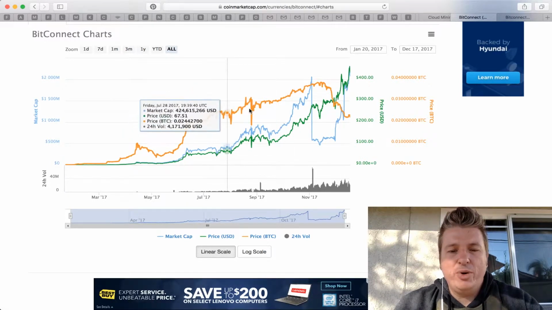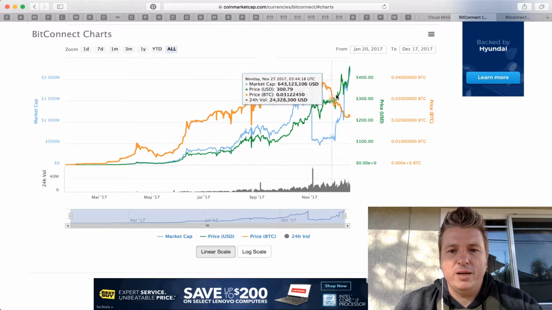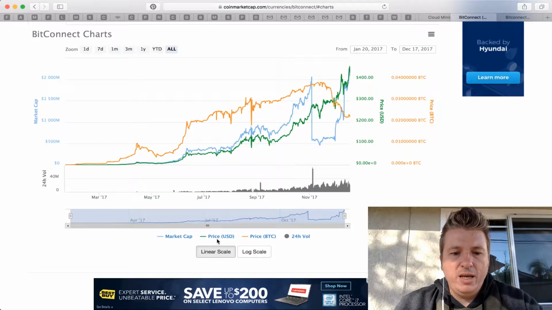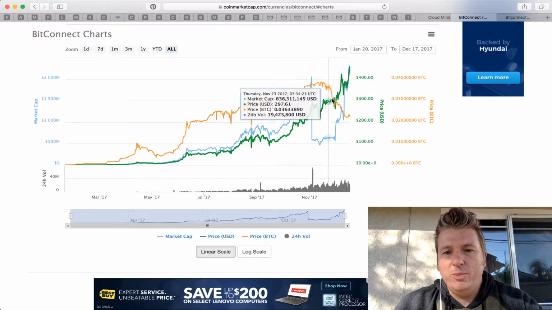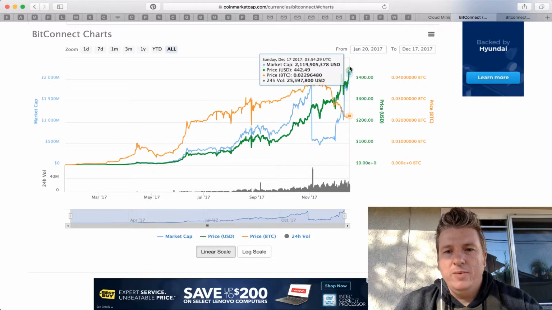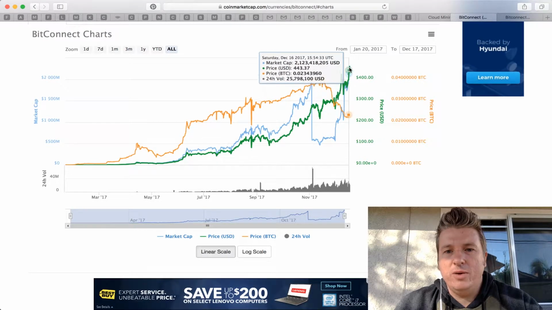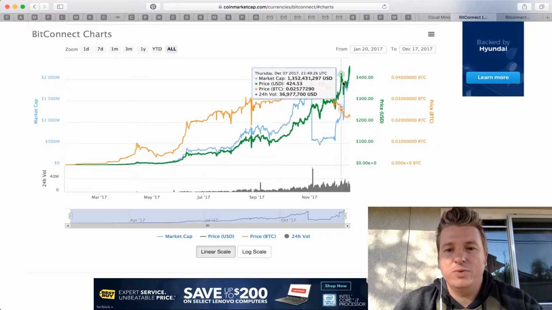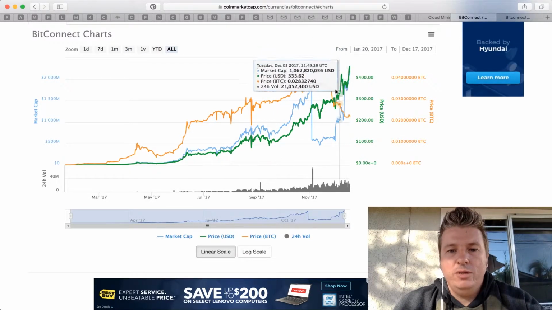The value per Bitcoin is what's increasing or decreasing here. So you can see the price right here is in green. It constantly is going up, up, up, up, up, up, and suddenly there's a huge, I guess, fork, and BitConnect coin continues to just rise. It's amazing. Okay, so this is another one.